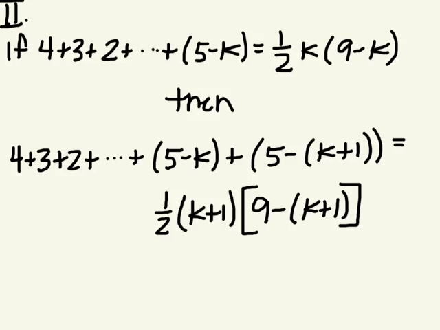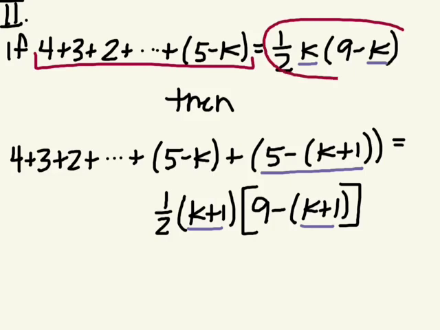For my then statement, I have added an additional term, this 5 minus k plus 1, and I've replaced the k's from the right side of my equation with k plus 1's. From the step above, I know that this grouping is equal to 1/2 k times 9 minus k.